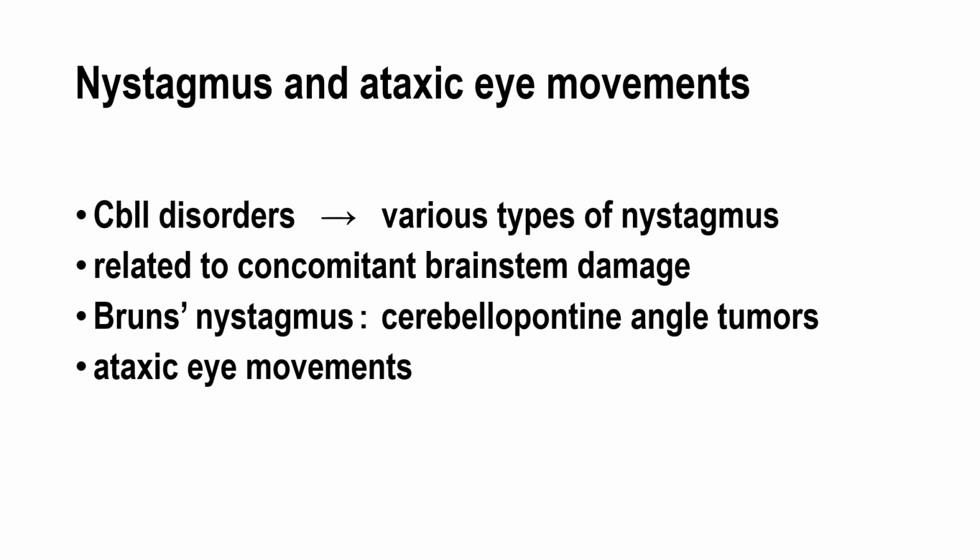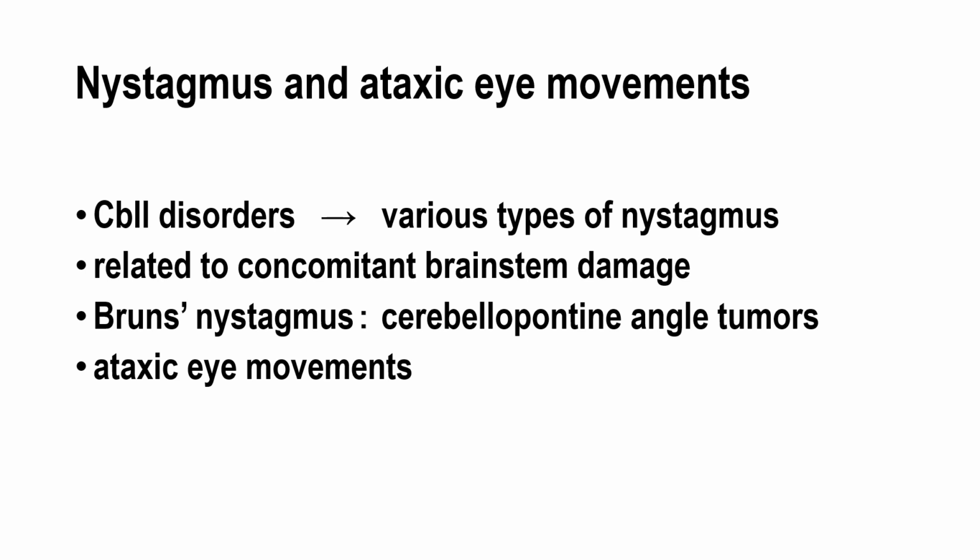Cerebellar disorders often present with nystagmus and ataxic eye movement. Various types of nystagmus, that is, a rapid involuntary movement of one or both eyes, are observed in association with the cerebellar diseases, which are thought to be related to concomitant brainstem damage.